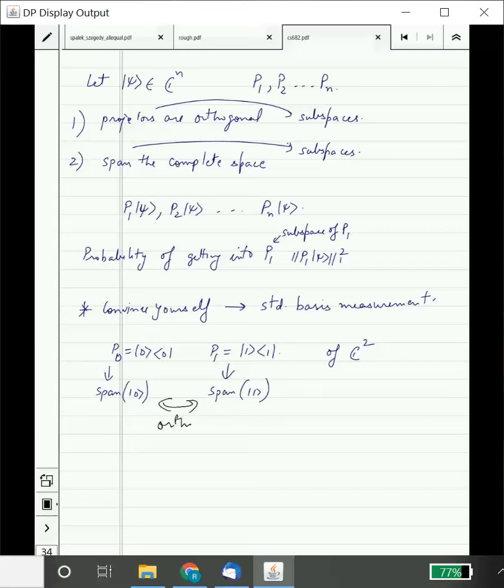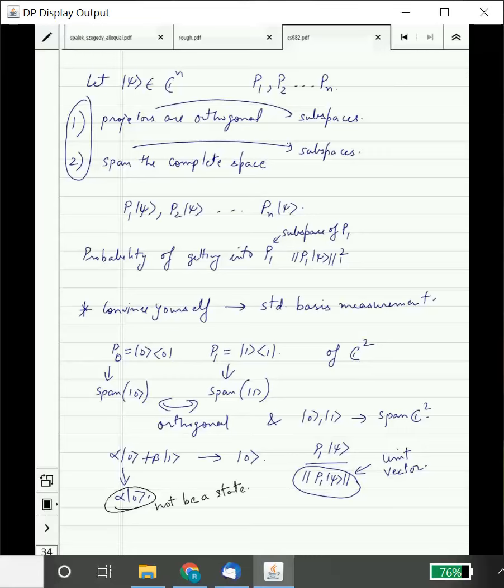If this had gone to α|0⟩, this would not be a state. That's why we got this state, and the probability was α², which was ‖P1ψ‖², or P0 depending on whether it is projected into state 0 or state 1.